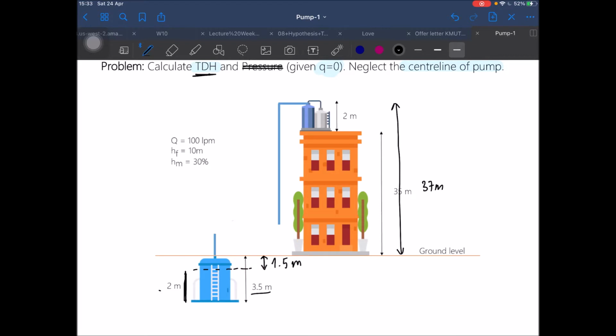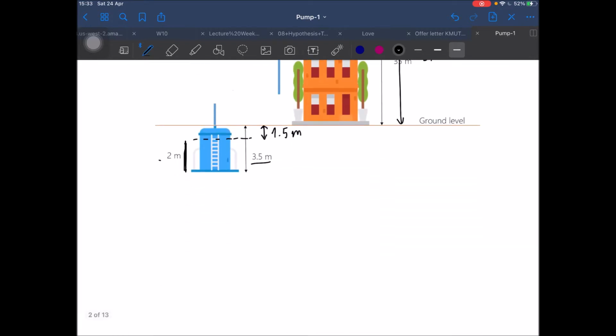I'm going to give you the formula now. TDH equals static head plus friction head loss, plus the minor loss. Basically, we have another term that we need to consider, which is related to Q, but we don't have the Q here.